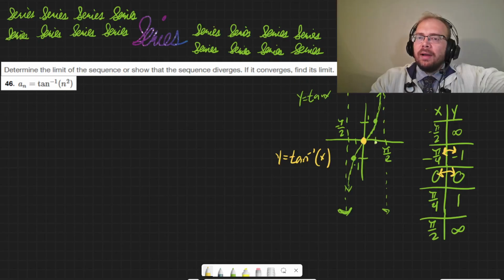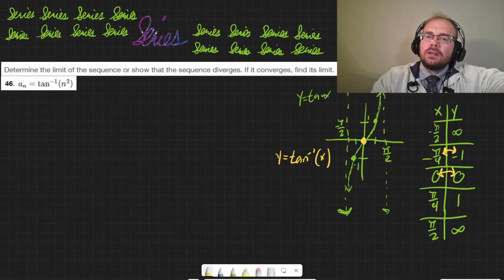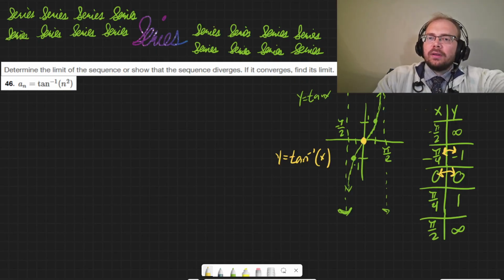So pi fourths, pi halves, pi thirds would be somewhere in the middle, which would be about 1. I'm just guesstimating about where it would be. So if these flip, then the x value of this would be negative 1, and the y value would be negative pi fourths. You know what? Let me just put it on a different graph, because that's going to be confusing.